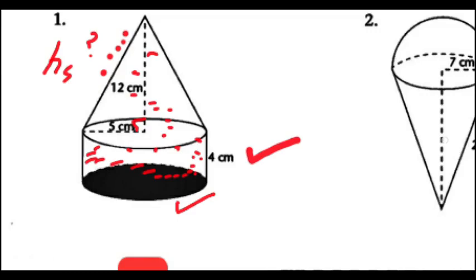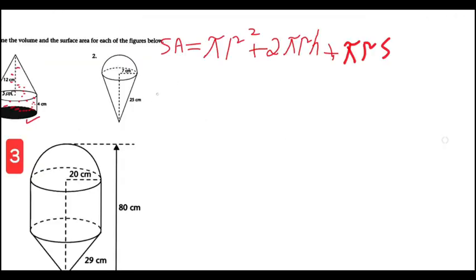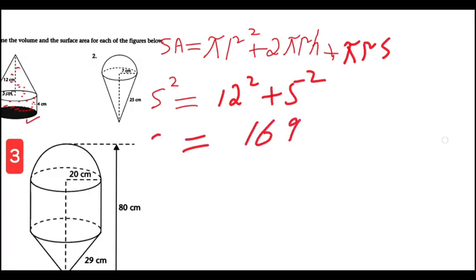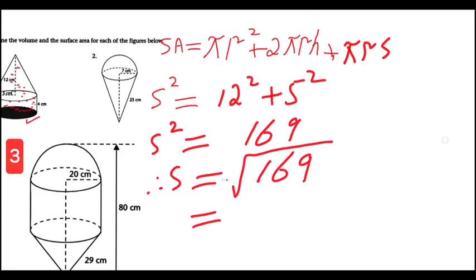So 12 squared plus 5 squared. I use my calculator, this is going to be 169. Therefore s squared is 169, so I switch this over and it becomes a square root. So the answer is 13 centimeter, this is the slant height.